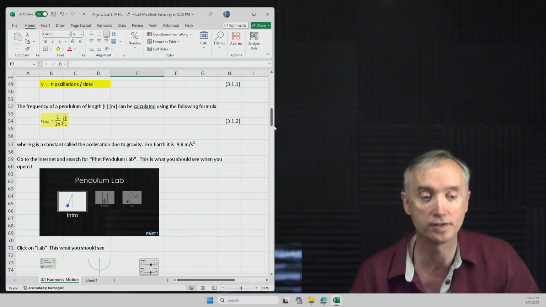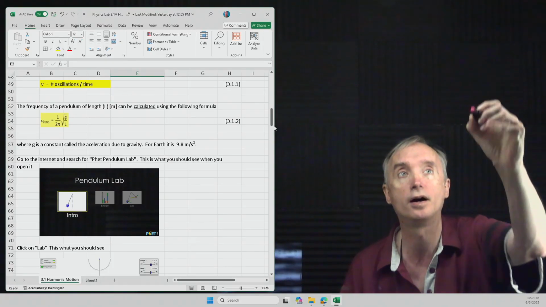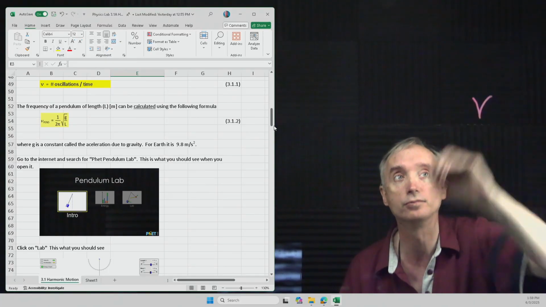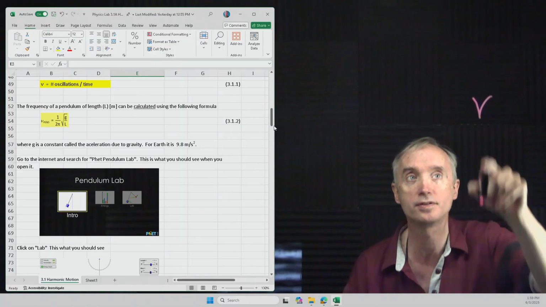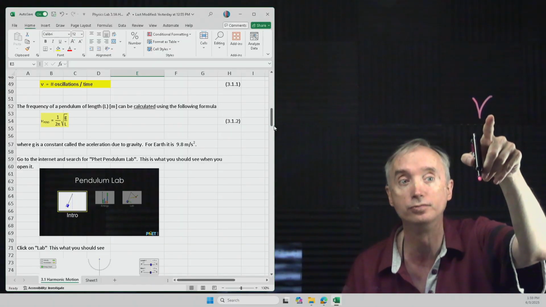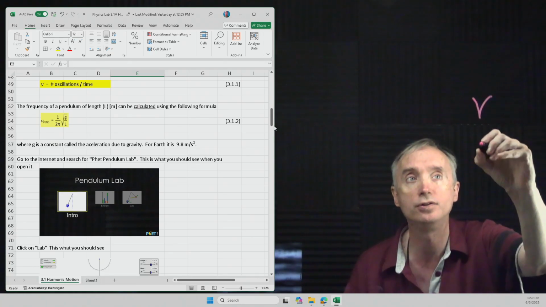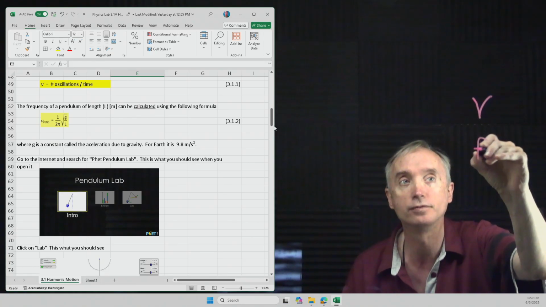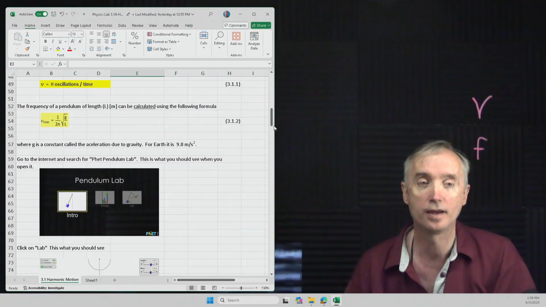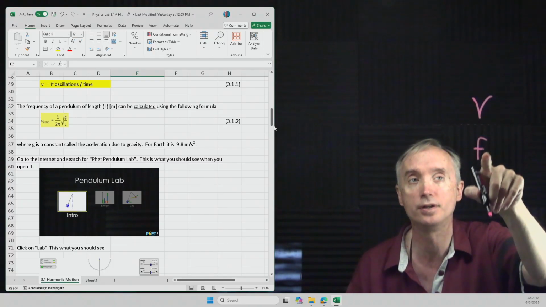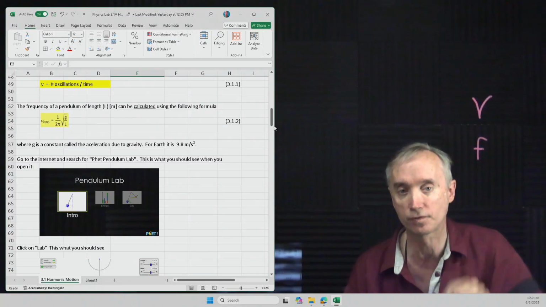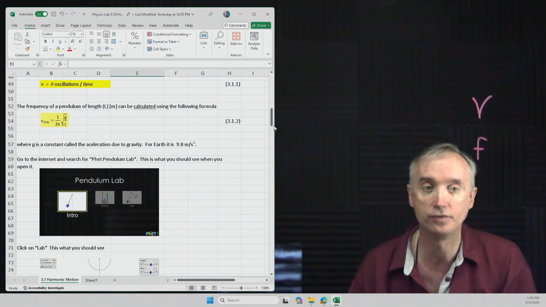Frequency is going to be given by this letter, which kind of looks like a V, but this is the Greek letter nu. In your textbook, they might use something like F for frequency. The problem, though, is that F is also used for focus in physics.